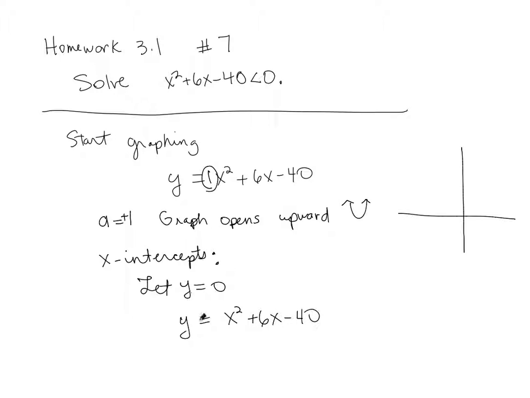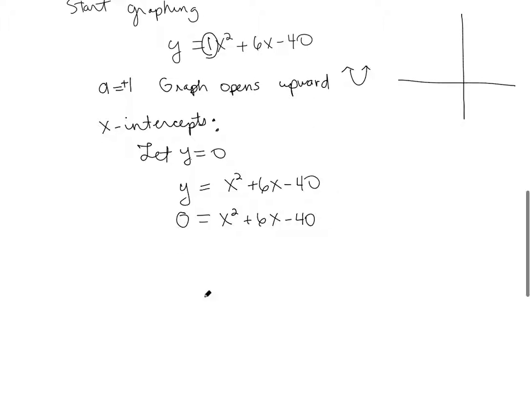This equation tells us that for all points on the graph, the y-coordinate is the x-coordinate squared plus 6 times the x-coordinate minus 40. We're looking for points whose y-coordinate is 0, so we let y be 0 and try to find the corresponding x-coordinates. In other words, we're trying to find the values of x that solve this equation.